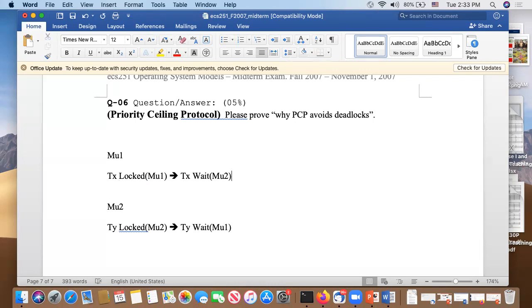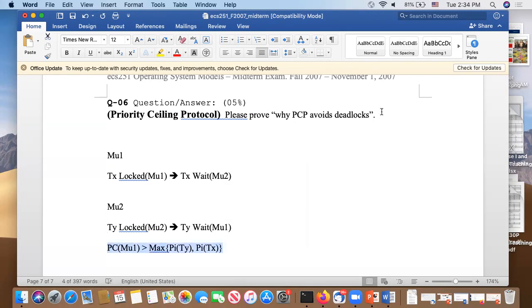Okay, so first, let's look at the priority ceiling value. The priority ceiling of MU1 must be greater than the max value of priority of TY and TX. So the ceiling value must be greater than these two.